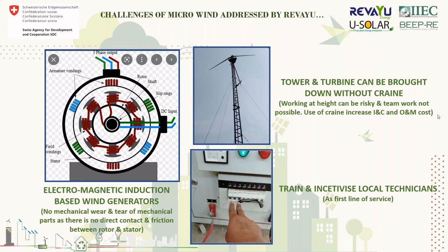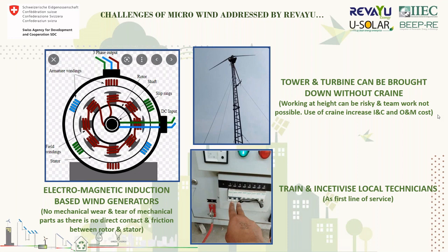There is no gear system inside. So to a large extent, by this technology, we are able to bring down the preventive maintenance cost and the mechanical breakdowns that can happen inside the generator.